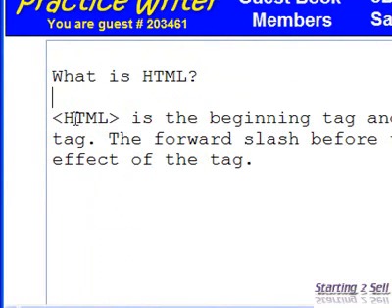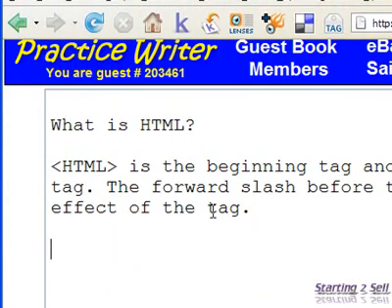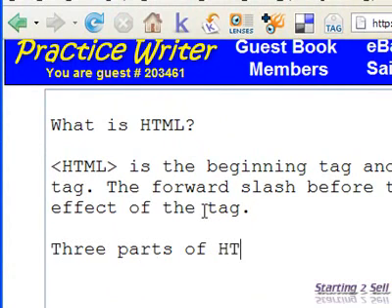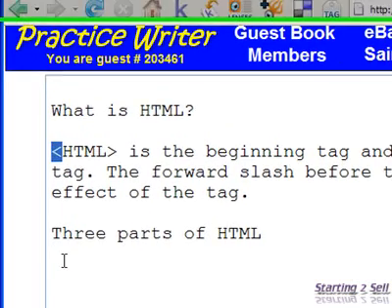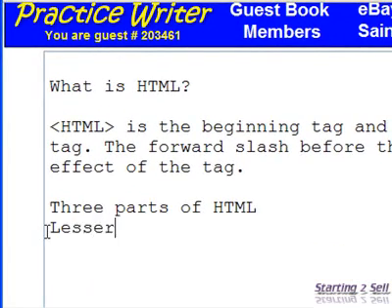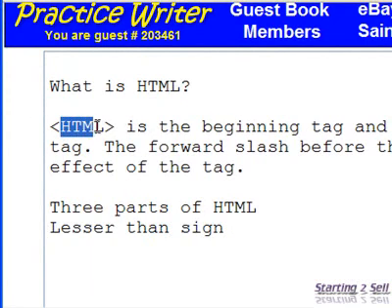and there are a couple components of HTML. There are three basically. The first part is what I call the lesser than sign. The second part is the instruction. Say for instance you want to bold a text or you want to center a text.